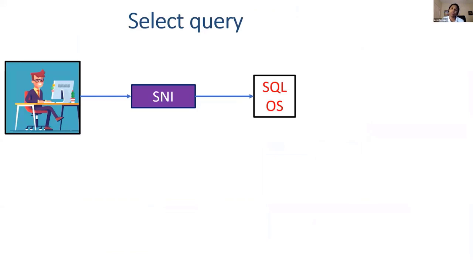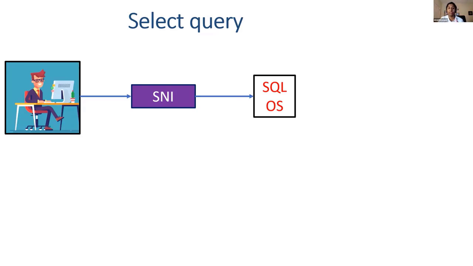So let's talk about a simple select query example, like how the select query is processed in each and every step inside the SQL engine. For example, we have a user here who is running a select statement on the SQL Server. No matter what kind of interface he uses, he might be using SQL Server Management Studio or Azure Data Studio or .NET Visual Studio or even a third-party application, the user first has to get a secure network connection to the SQL Server.